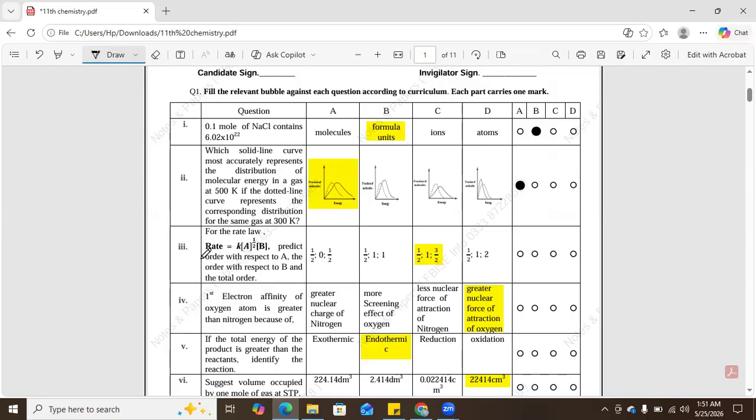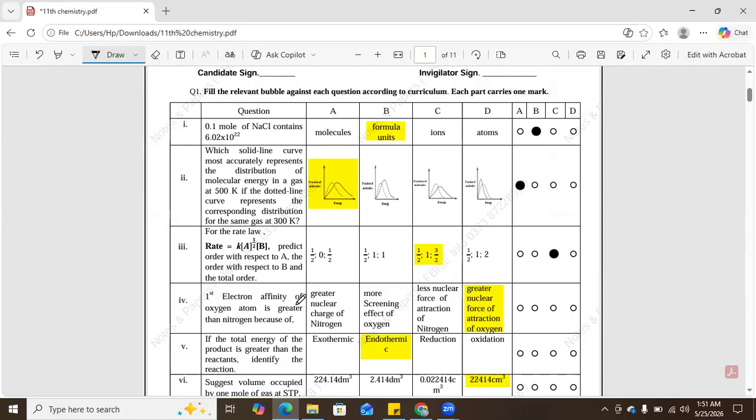For the rate law, rate is equal to k into [A] power 1/2 into [B], predict the order with respect to A, the order with respect to B, and the total order. So this is the correct order. C is the right answer.